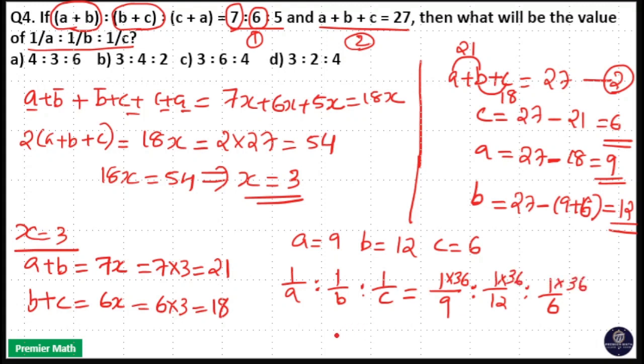That means your value is 4 is to 36 by 9, 4, 36 by 12, 3, 36 by 6, 6. So 4 is to 3 is to 6 is 1 by a is to 1 by b is to 1 by c. So option A is your answer.